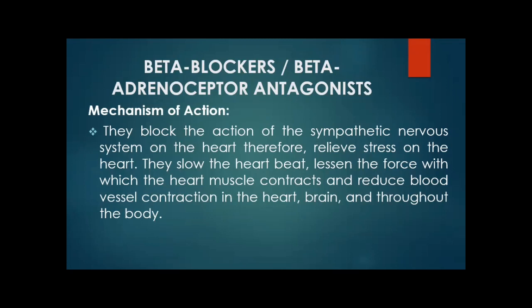So the easiest mechanism of action here is that beta blockers block the action of the sympathetic nervous system on the heart, therefore relieving stress on the heart. Or you can say they slow down the heart rate, lessen the heart muscle contraction, and reduce vasoconstriction.